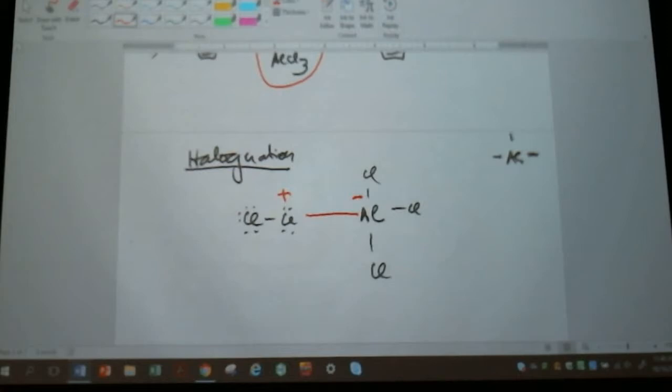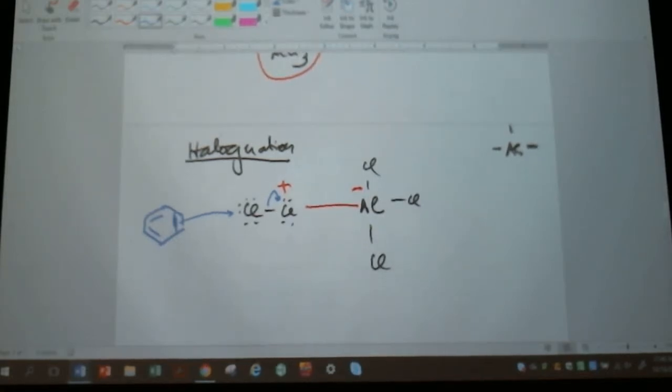Right? There are 2 ways that you can view this. You can either view it like this, and then say, oh, here's my benzene, and these 2 electrons are then going to attack this chlorine to break this bond and give electrons to the positive chlorine that desperately wants them.